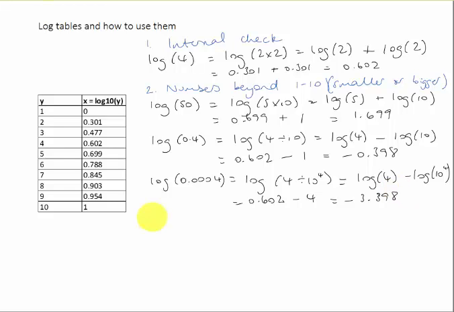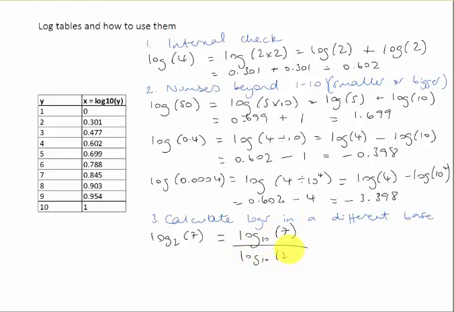And then the final thing we can do is use a log table to calculate logs in a different base. Let's imagine we didn't have a calculator and we only had this table and we wanted to know the log in base 2 of 7. We could use the formula that you've learnt to work out that it's the log in base 10 of 7 over the log in base 10 of 2.